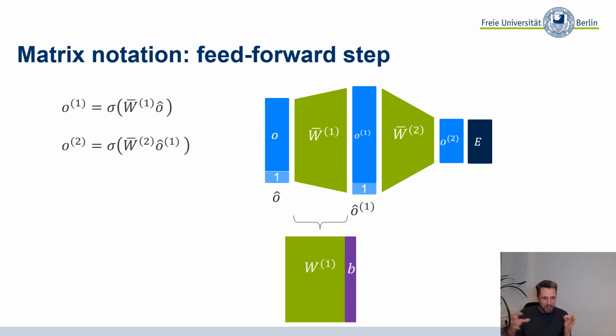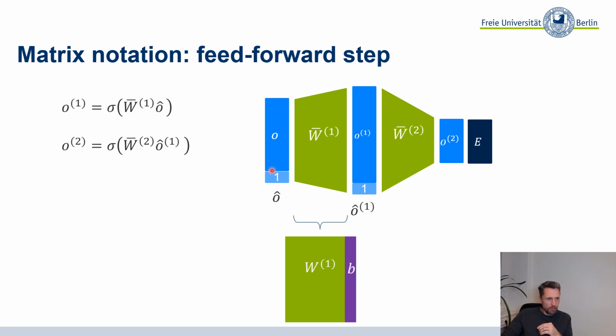summarizing and condensing everything into a compact matrix vector notation, let's review this again. So the feed-forward step consists of using our input variables x, or let's call them O here for output, and don't forget the ones, and we'll use this hat notation again.